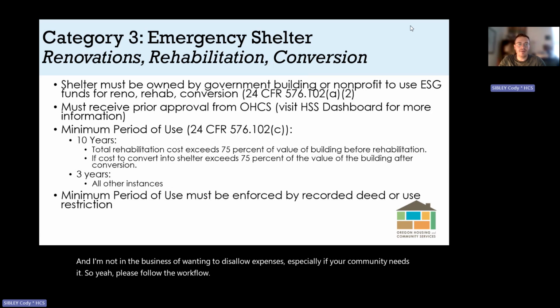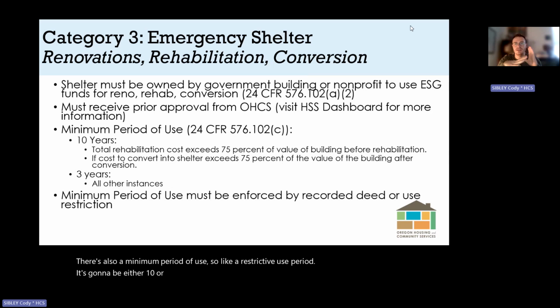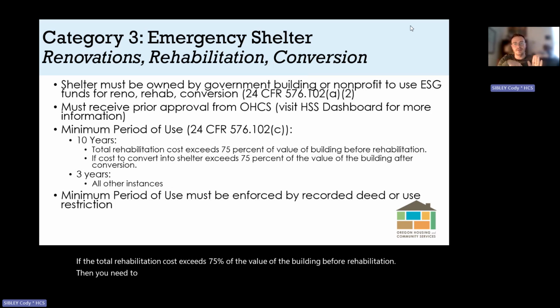There's also a minimum period of use, a restrictive use period. It's going to be either 10 or 3 years, depending on what the situation is. So if the total rehabilitation cost exceeds 75% of the value of the building before rehabilitation, then you need to keep it operating as an emergency shelter for a minimum period of 10 years.